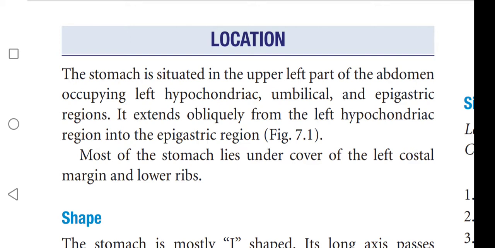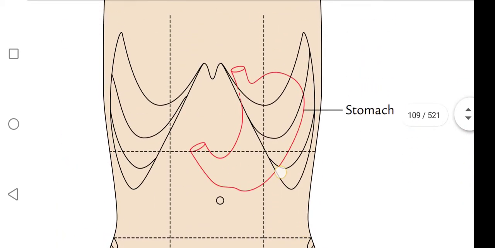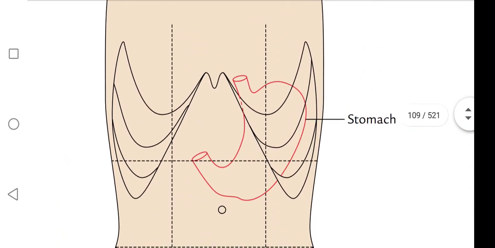Coming to the figure, this figure shows the location of the stomach. The stomach occupies the upper left part of the abdomen. First see the regions.